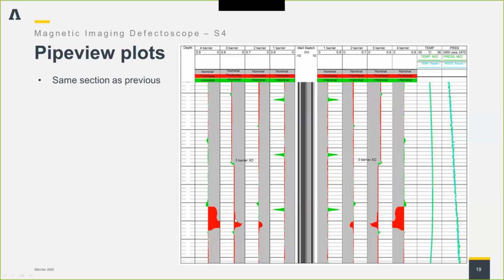If we then look out at the string behind that, the exterior string, 13 3/8 I believe in this case, we can see there is a huge amount, and the thickness calculation shows that there is a hole there. This goes all the way through, so it's showing pretty much nothing.